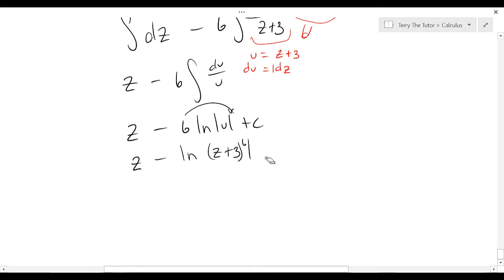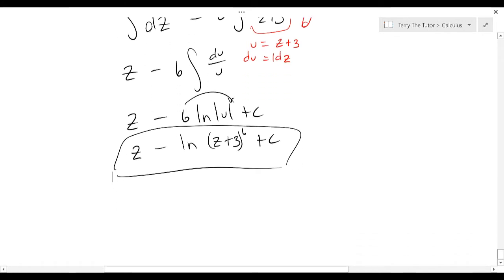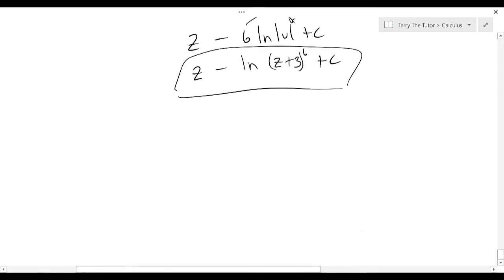I guess the absolute values aren't necessary now. Plus c. And we're done. Wow. Well, on the bright side, we're done.